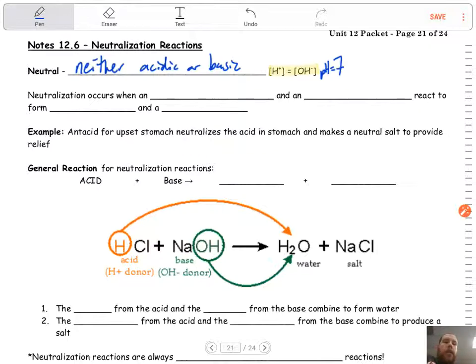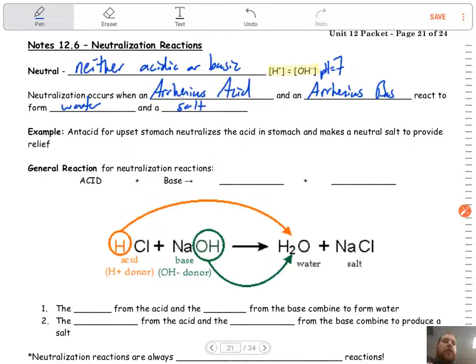These occur when an Arrhenius acid and an Arrhenius base react to form water and a salt.